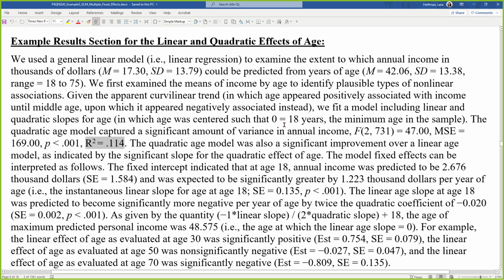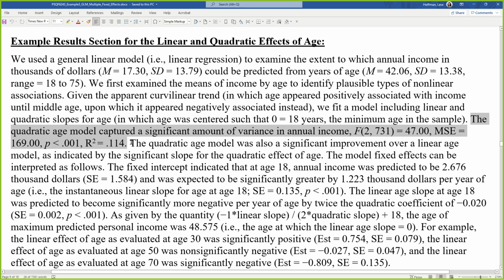So the same idea in terms of starting with general and then boiling down to specific, I should say. So we fit a model including linear and quadratic slopes for age, in which age was centered such that 0 equals 18. The quadratic age model captured a significant amount of variance in income, F blah, blah, blah. Okay, that's like my gatekeeper to then be able to talk about what happened.